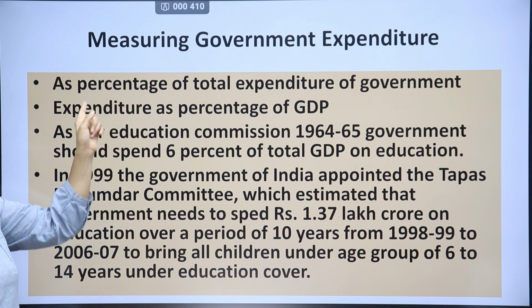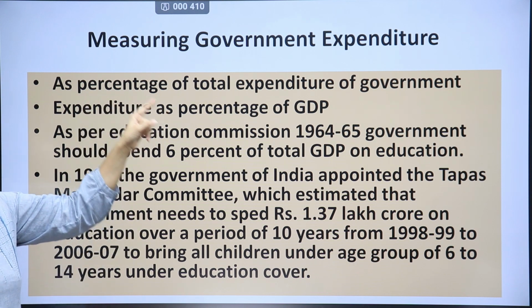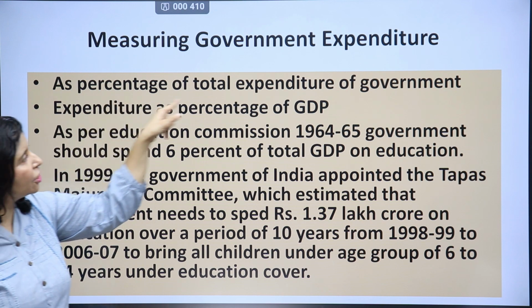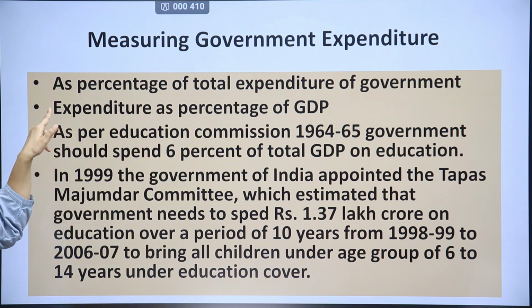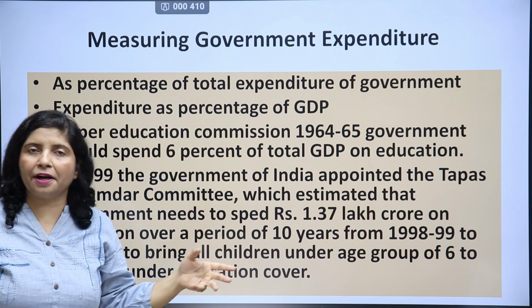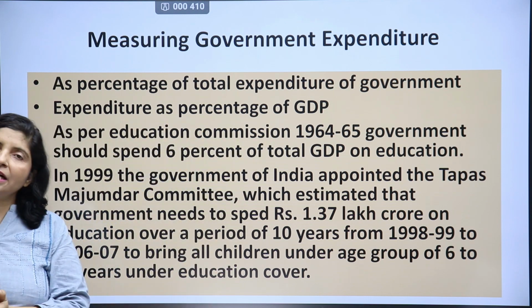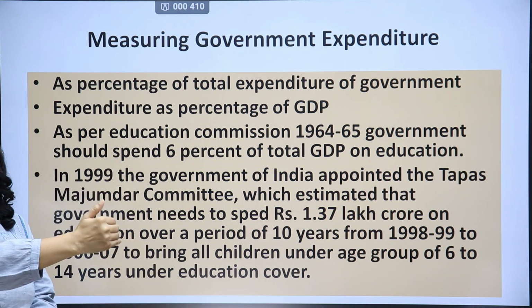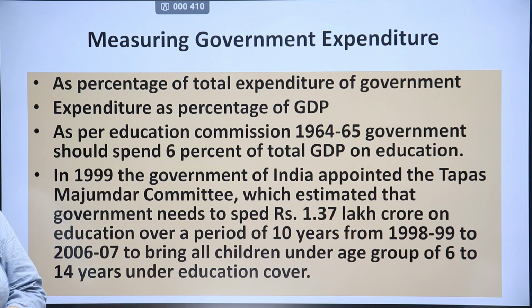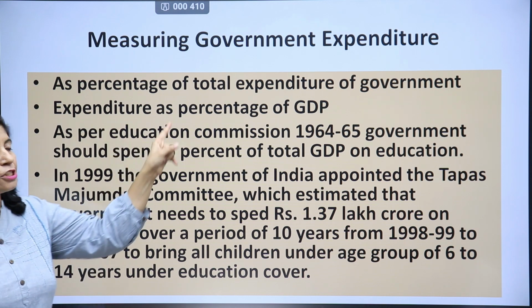Here we measure expenditure on education as a percentage of total expenditure. Secondly, it can be measured as a percentage of GDP. For India, we have the total amount of GDP in one year, and from that total GDP, what is the percentage that we are taking away to invest on education provisions? That is the percentage of GDP.